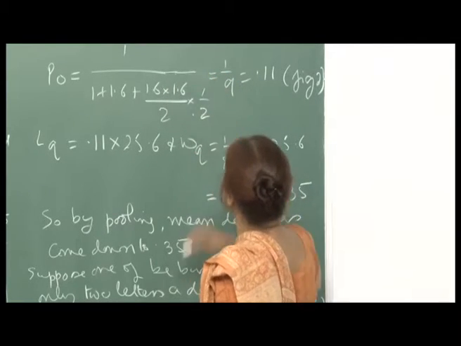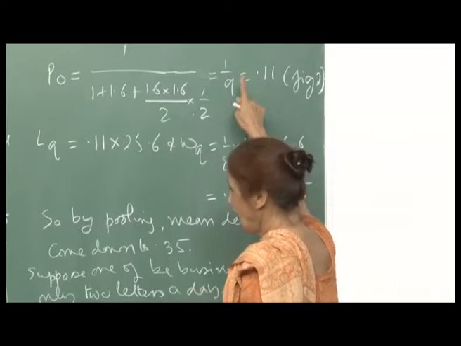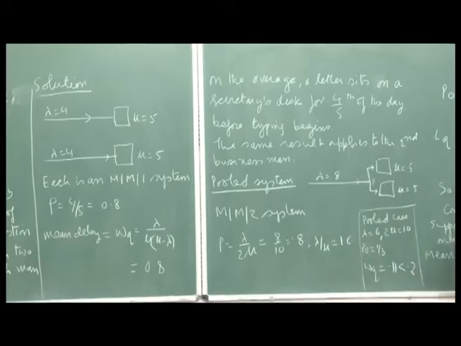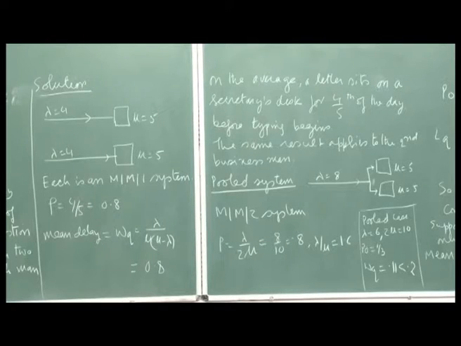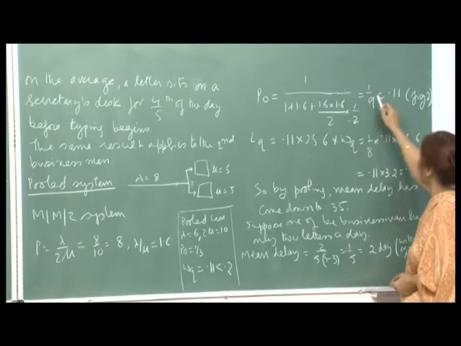But you can see from the graph that for lambda by S mu equal to 0.8 and 2 servers, if you look at figure 2, 0.8 and you go up to 2, it is a little above 0.1, so 0.11, which also by our calculation comes out to be 1 by 9.